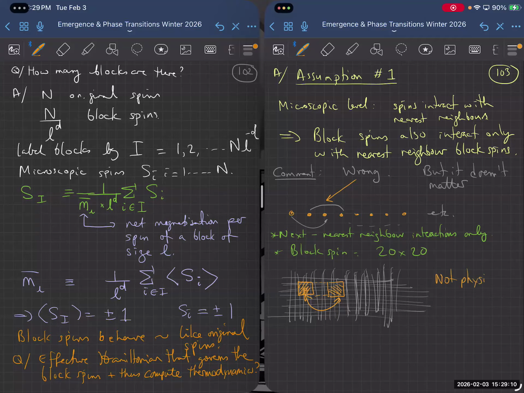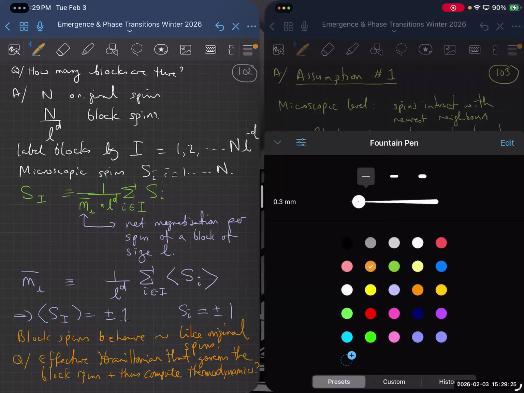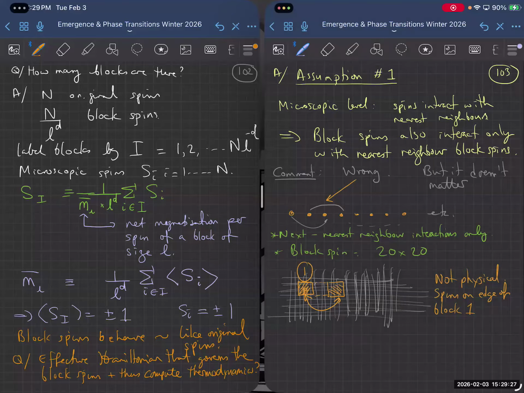Okay, the spins on the edge of block 1, let's call this block 1. Let's call this one over here, which you can't see, block 2. And let's call this one over here block 3.